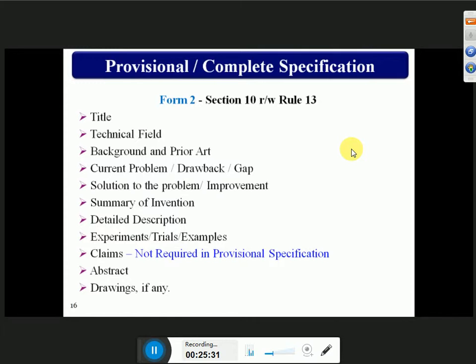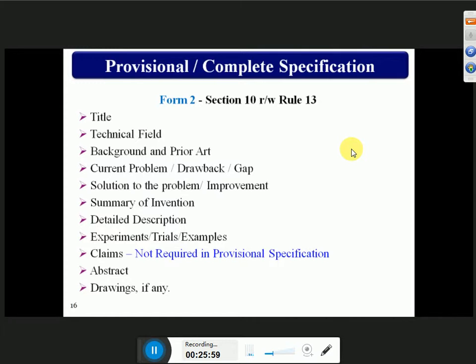Provisional or complete specification. Basically Form number 2 is very important. Form number 1 gives your information about the inventor and applicant. Form number 2 gives the complete information about the patent, about the product, right? Starting from the title to the technical field, background, current problem or the gap which I have found, solutions to the problem, summary.